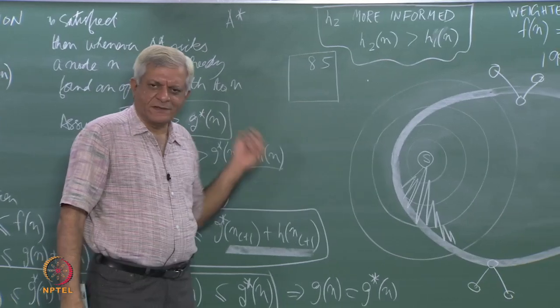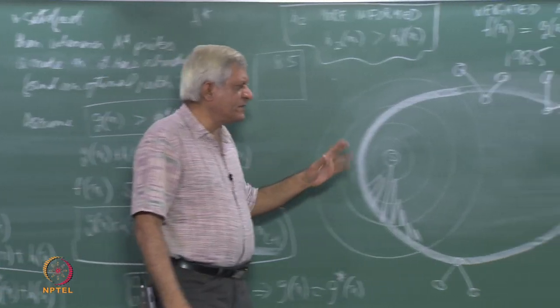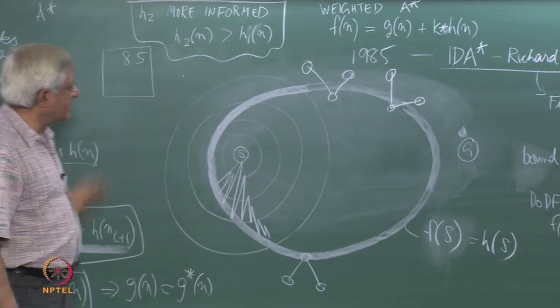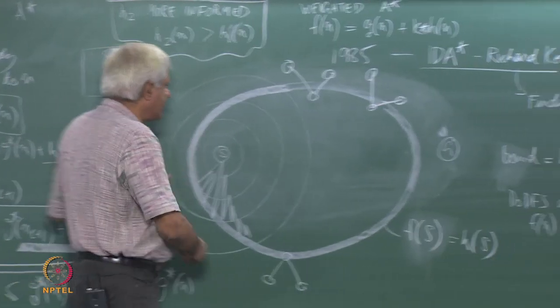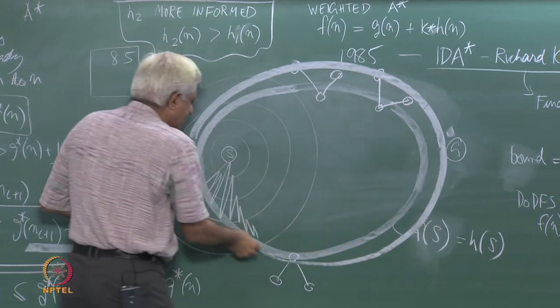If it does not find a goal in this depth first search, now this is depth first search with a bound on the f value, so it cannot go off in this direction, it cannot go off in this direction, it only has to stay within this boundary. It augments this boundary by another boundary which is a little bit bigger than this.